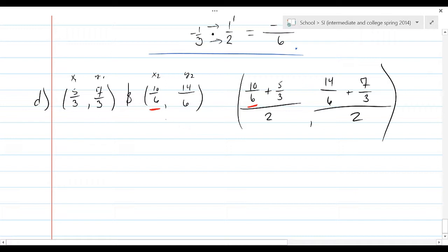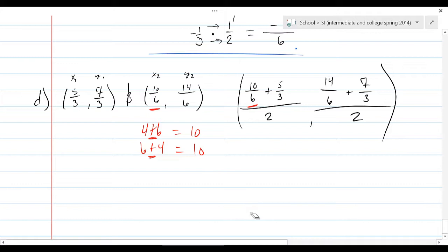Well, because it's addition, I can add in any order. For example, if I had 4 plus 6, I'd get 10. If I had 6 plus 4, I'd get 10. So anytime you have addition, it doesn't really matter the order.